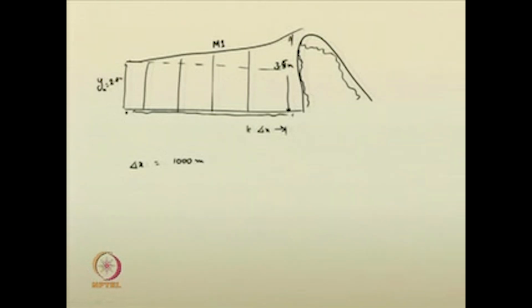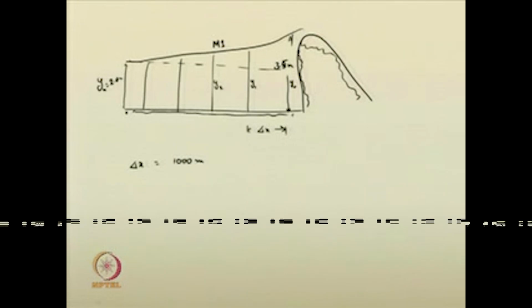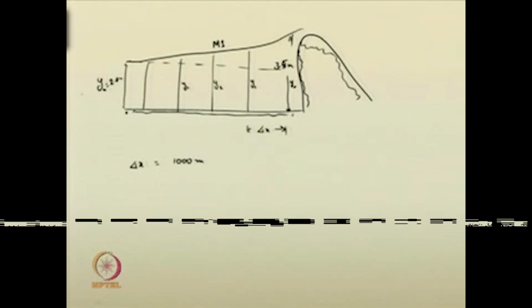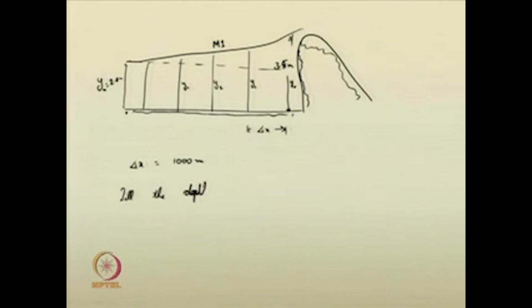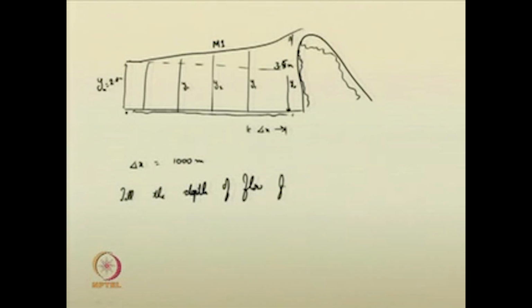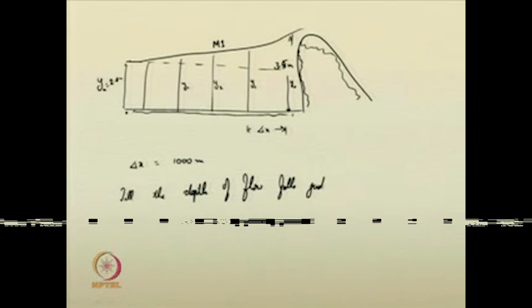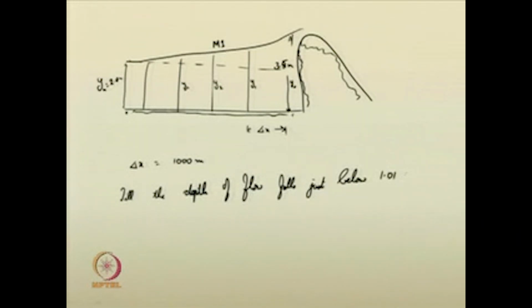I will be computing, say, y 0 is given, and subsequently y 1, y 2, y 3 like that, till the depth of flow falls just below 1.01 times of y n.